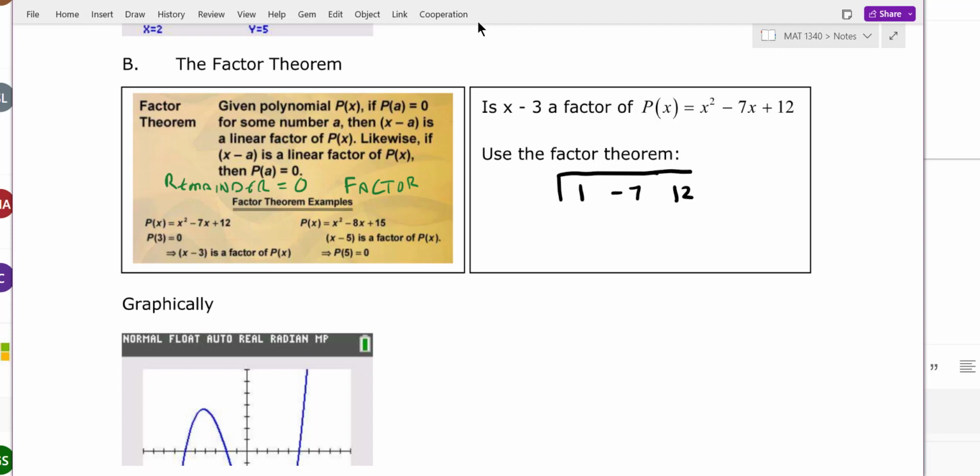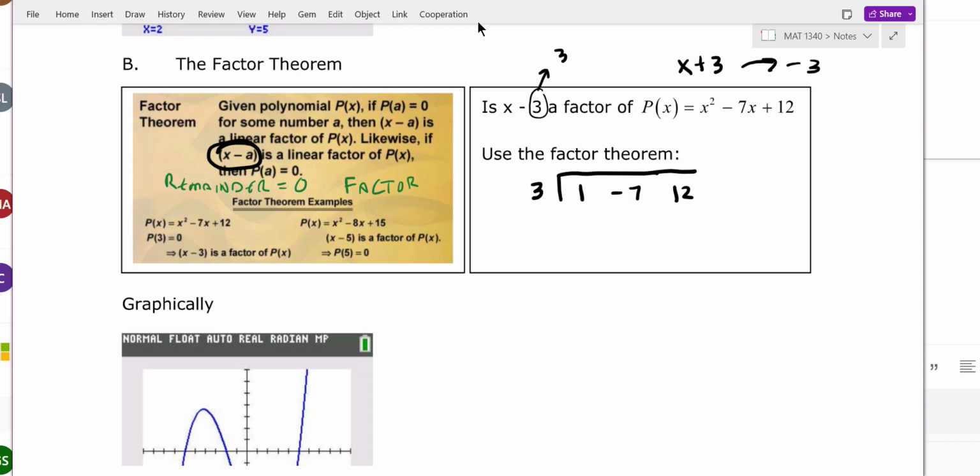So we have a trinomial. And then what you do here is you're going to use the 3. Again, I want to stress if this was x plus 3, then you would use -3. The factors are always in the form x minus a. So if that's a minus sign, then you just use that. If that's a plus sign, you use the opposite of that.